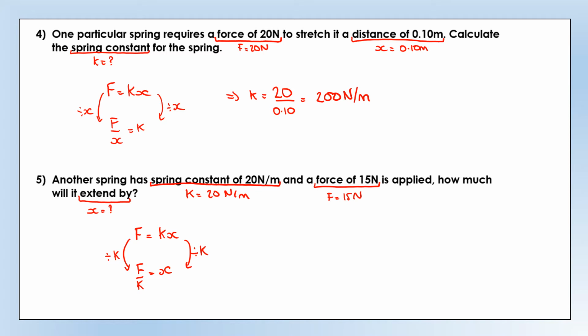So we get F over k this time. We've got values, so we can plug the numbers in. F is 15, k is 20, and you'll notice both of those numbers have a common factor of 5, so we can divide that out. But we always express our answers in physics as a decimal, and it's a distance, so it's going to be in meters, so 0.75 meters.